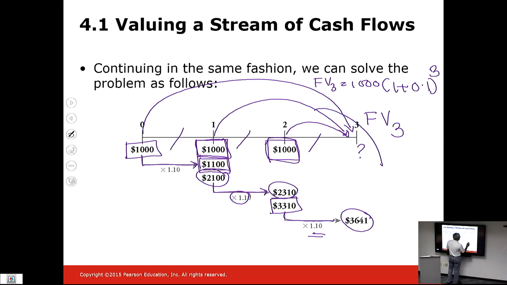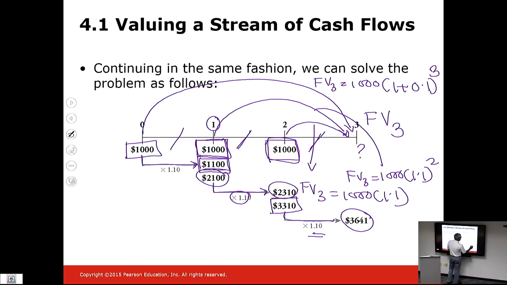This cash flow, its value in year 3 would be 1,000 times 1.1, same 1.1 as before, but now for this cash flow we have only 1, 2 periods. So that would grow to the power 2, and the final 1,000, its value in year 3 would be 1,000 times 1.1.